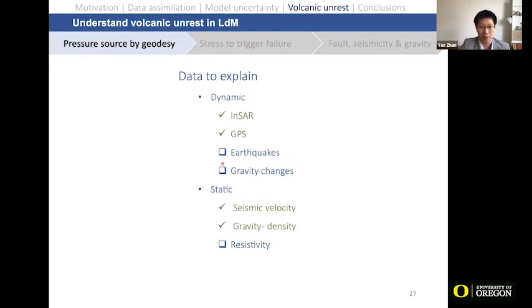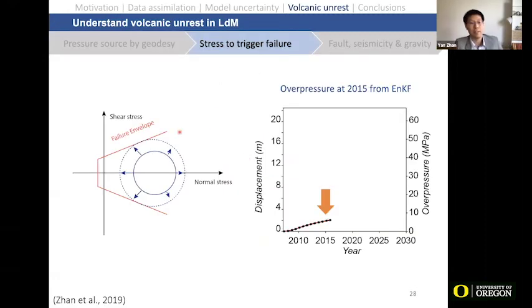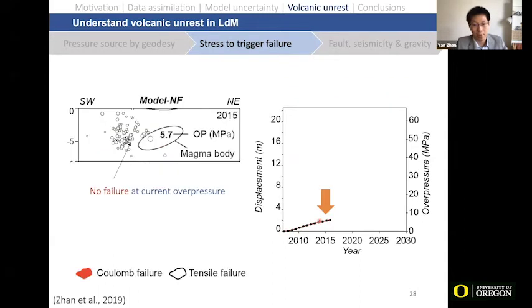Now let's see if it can explain earthquakes. To indicate the earthquake, we are using the stress calculation and failure envelope to see if we can create some failure that indicates the earthquake process. By geodetic data, we know at the end of 2016, the overpressure of this pressure source is about 6 megapascal. By calculating those failure envelopes, we found there's no failure at all.